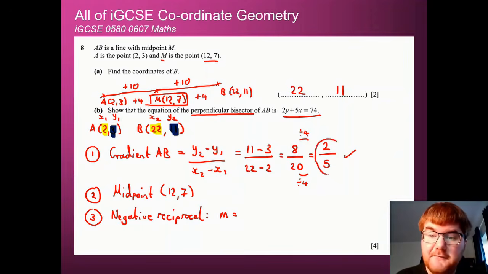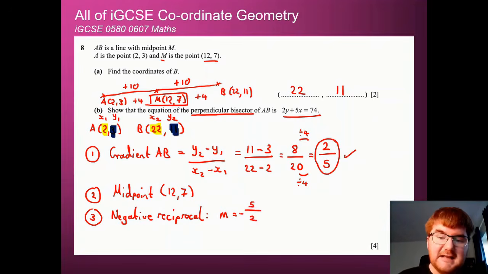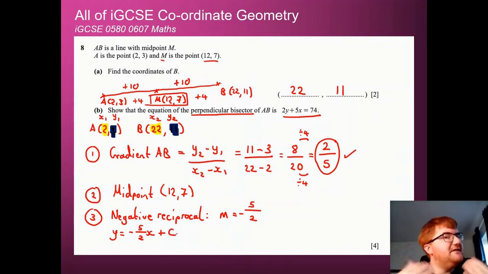So we're going to take the 2/5, flip the fraction, so that gives us 5/2, and then make it negative. So that gives us the gradient of the perpendicular bisector. So what that means is that y is equal to minus 5/2x plus c. Very similar to how we did that kite question earlier.